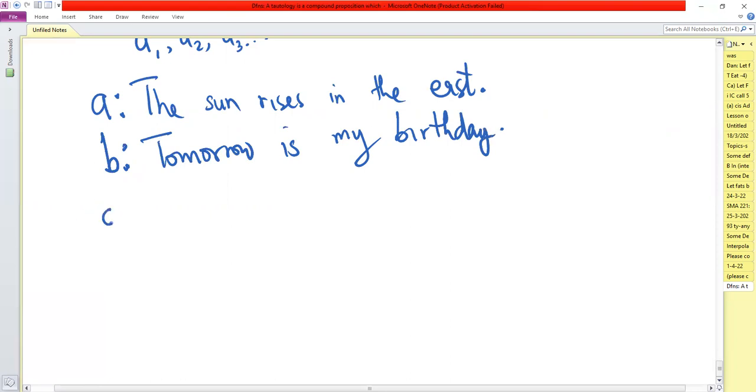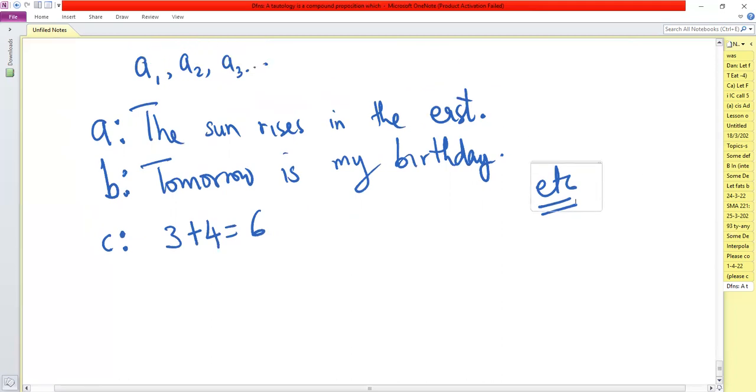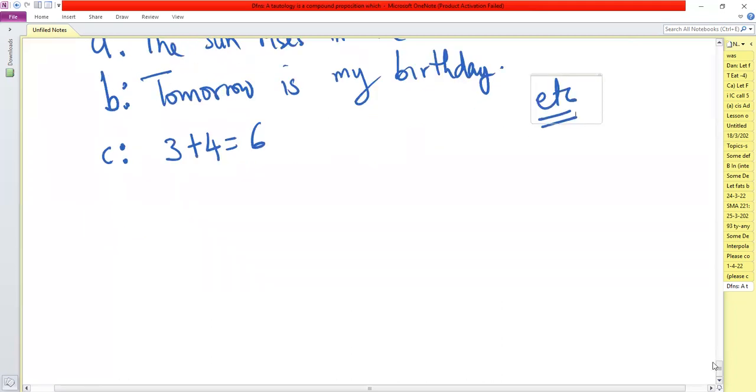And then we can say another proposition, we are calling it C: 3 plus 4 is 6, etc. And then propositions are expressed or represented in a table we call a truth table.